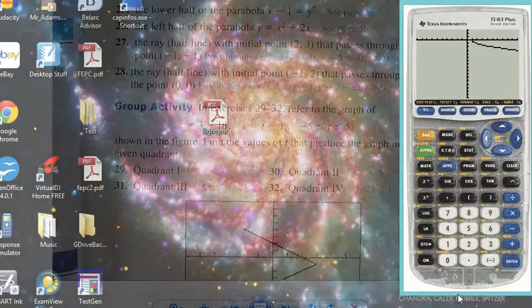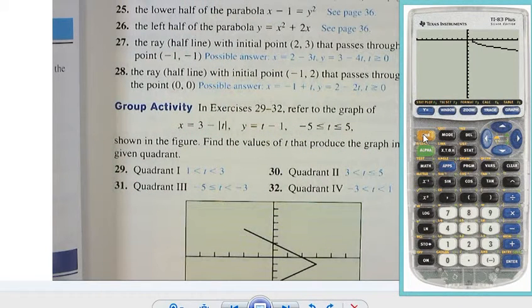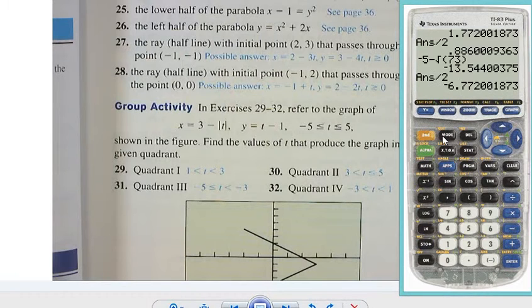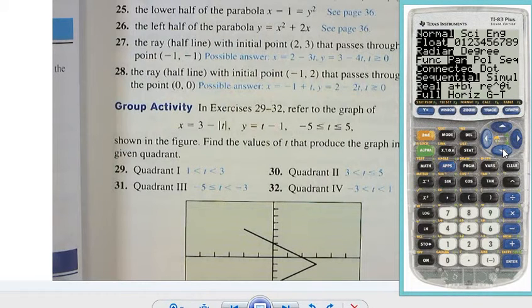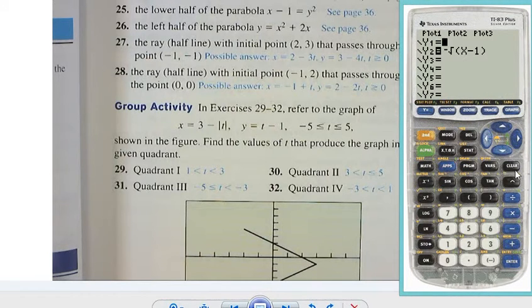So I'm going to come in here. What do I have to do? I have to change the mode. So I come down here to function, and I'm going to graph x squared plus 2x. We should be in Cartesian mode, by the way, too.